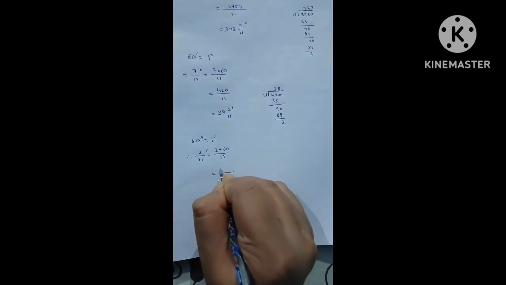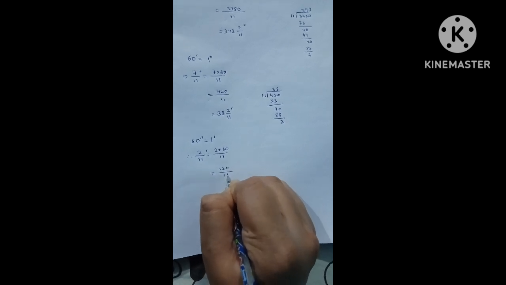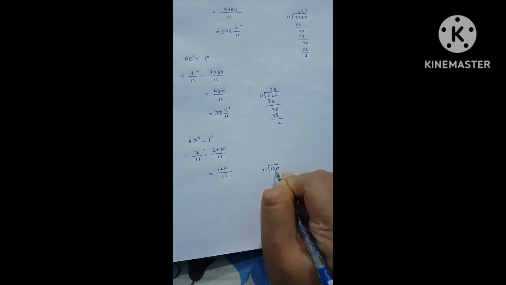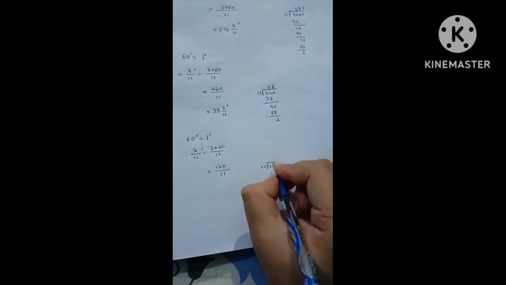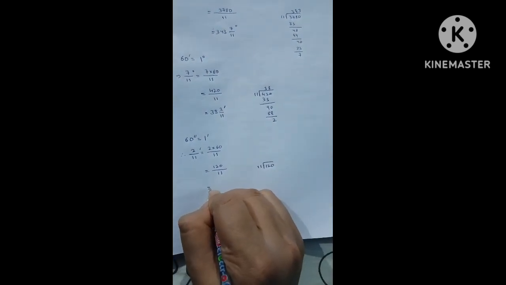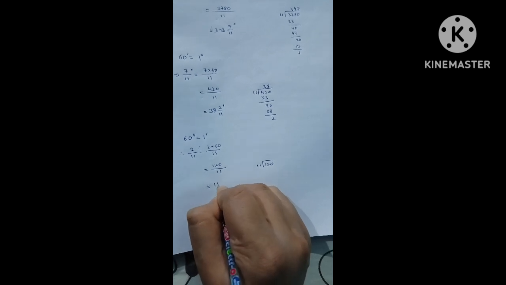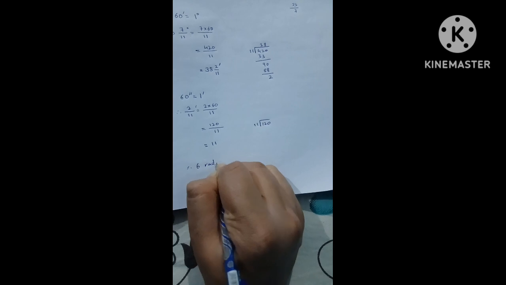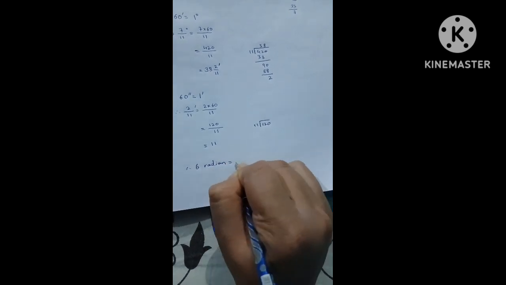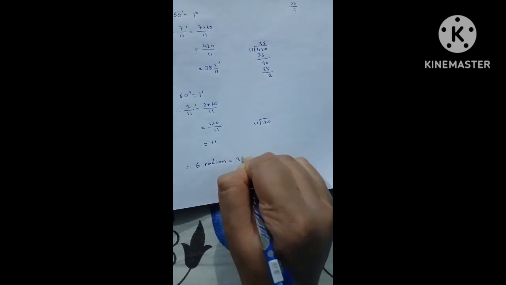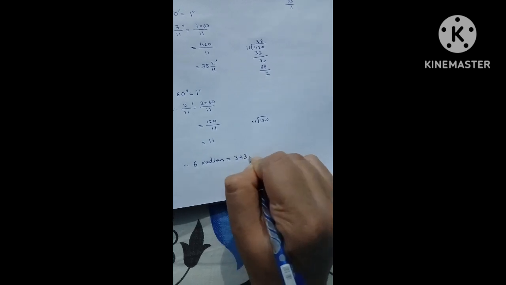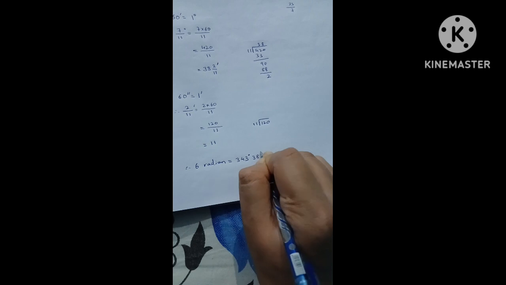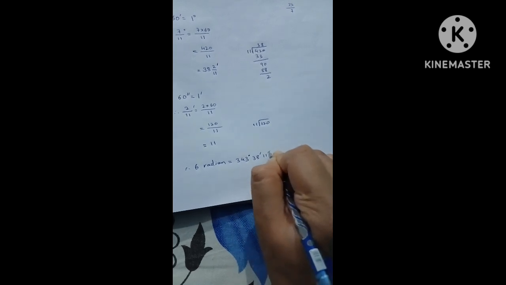Now this is equal to 120 upon 11, which is equal to 11 approximately. Therefore 6 radian equals 343 degree 38 minutes and 11 seconds.